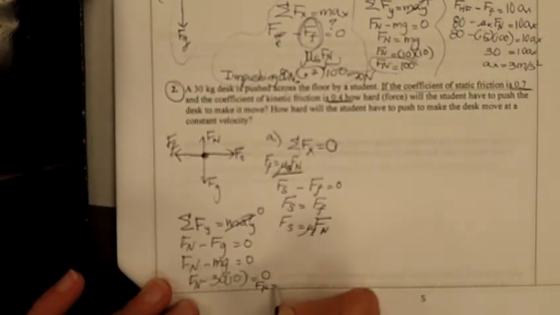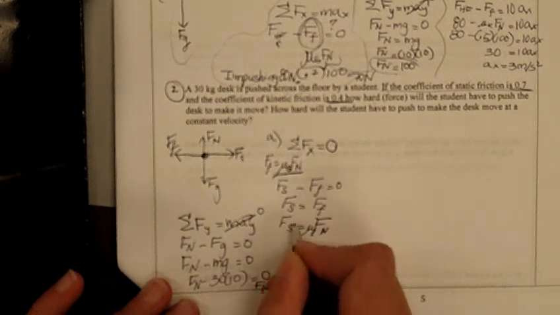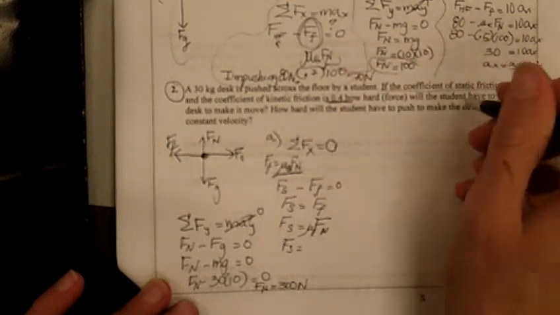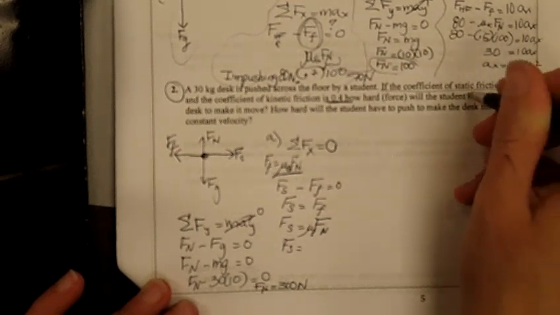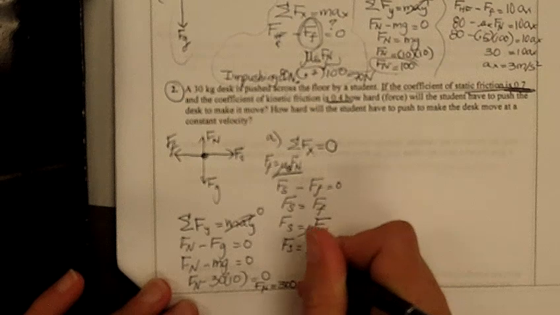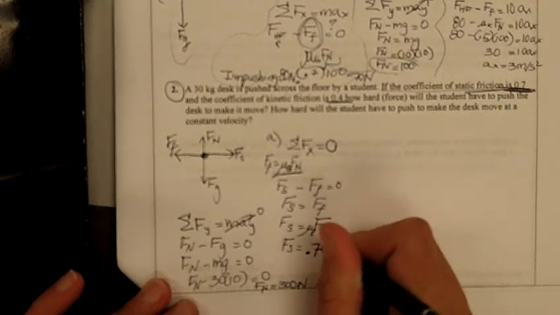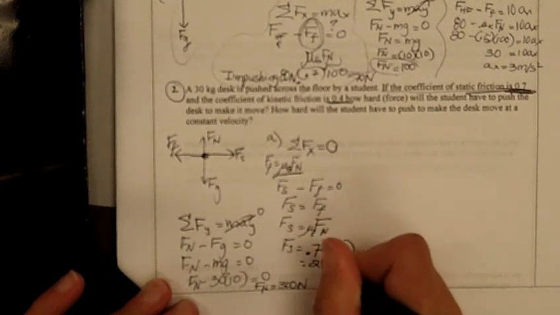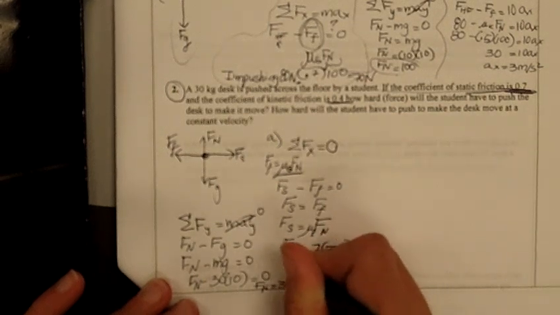Fn equals 300 newtons. Now I can go back to my x direction. I know that mu s, the static friction, is 0.7, so we have 0.7 times 300, and I end up with 210 newtons for Fs.